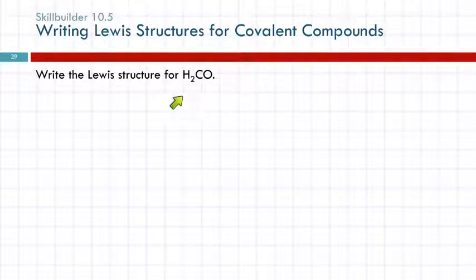Oftentimes, how the formula is written should suggest what you might try to do. So the fact that C is in the middle of this is a good indication that we should try putting carbon in the middle and connecting the other things to it. So put a hydrogen here, perhaps, and a hydrogen up there, and an oxygen over here.